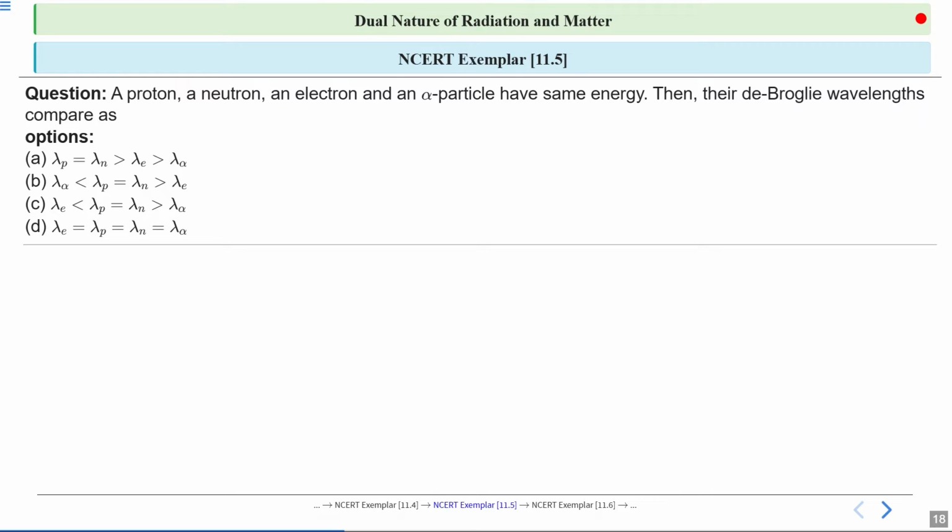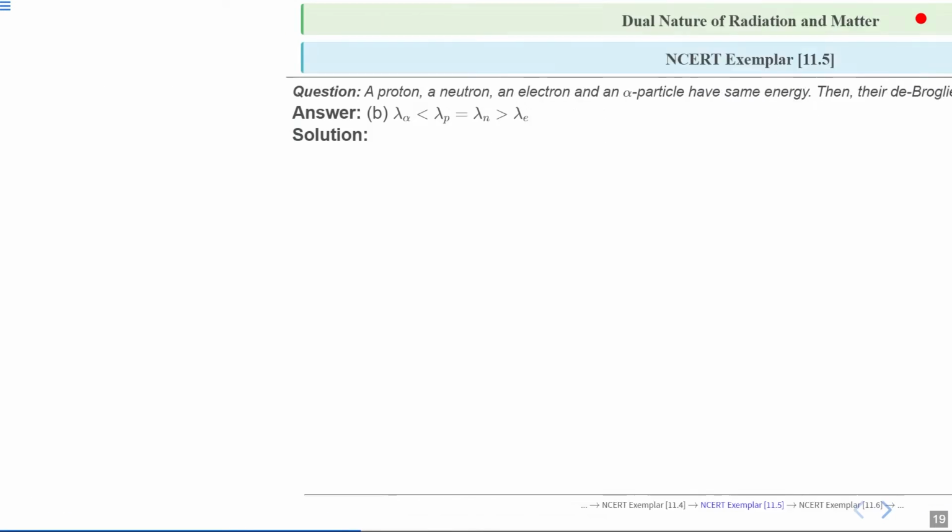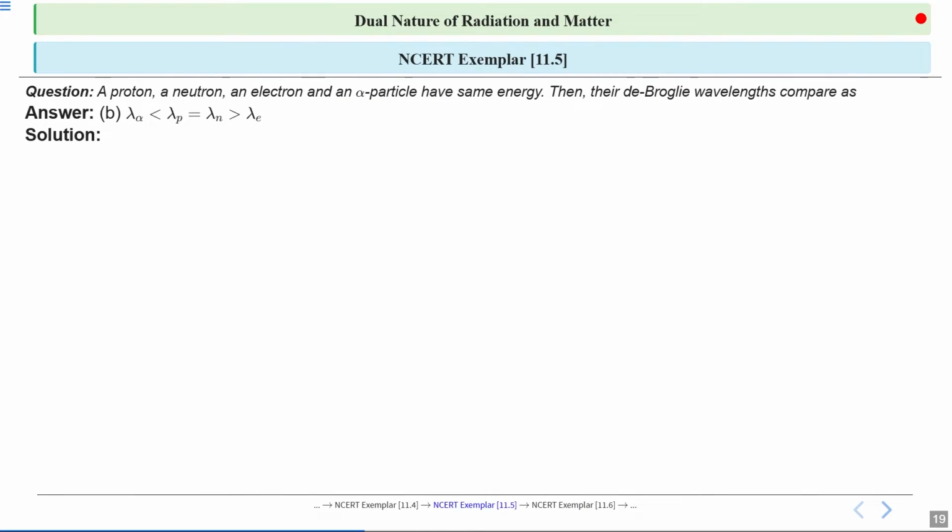Option C: wavelength of electron is less than the wavelength of proton, which is equal to wavelength of neutron, and wavelength of proton and neutron is greater than the wavelength of alpha particle. Option D: wavelength of electron, proton, neutron and alpha particle is the same. So let's see which option is correct. Option B, wavelength of alpha particle is less than the wavelength of proton, which is equal to wavelength of neutron, and wavelength of proton and neutron is greater than the wavelength of electron, is the correct option.